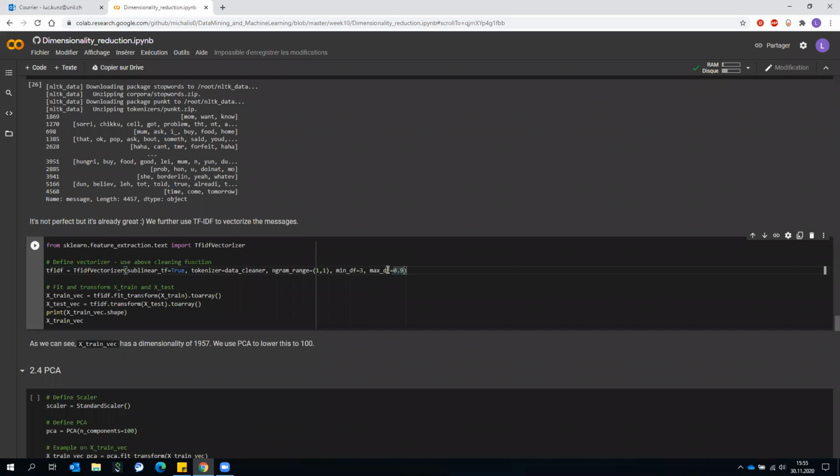If a token is in 95% of the documents, it won't be taken into account, for instance. Or in 95% of the messages in this case.